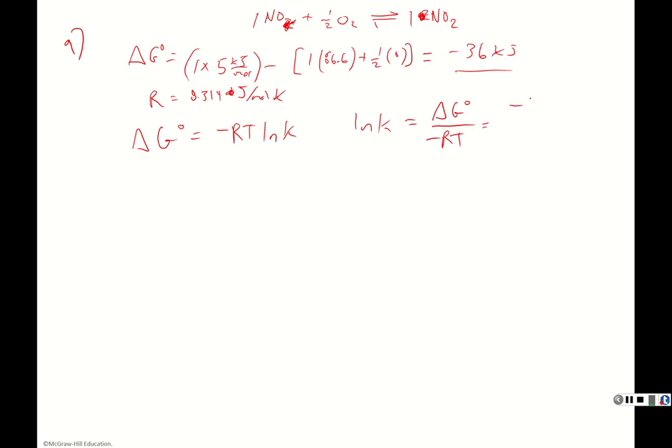So delta G naught is minus 36 kilojoules, but that would be 36,000 joules, divided by minus R, which is 8.314 joules per mole Kelvin, times our temperature, which is 298.